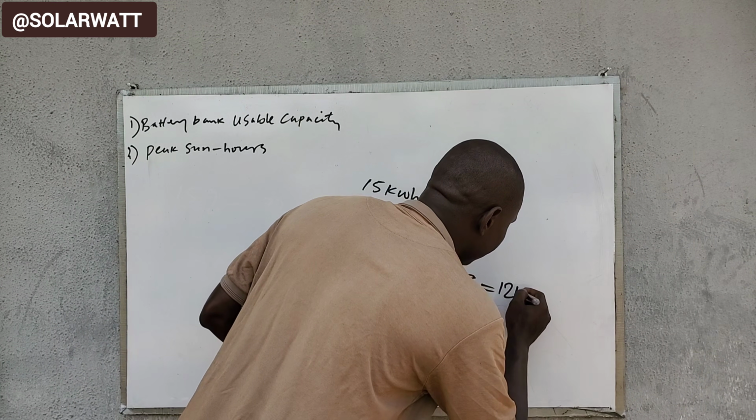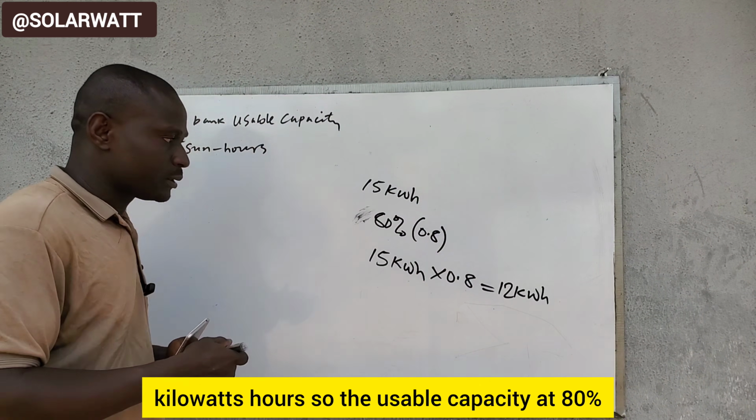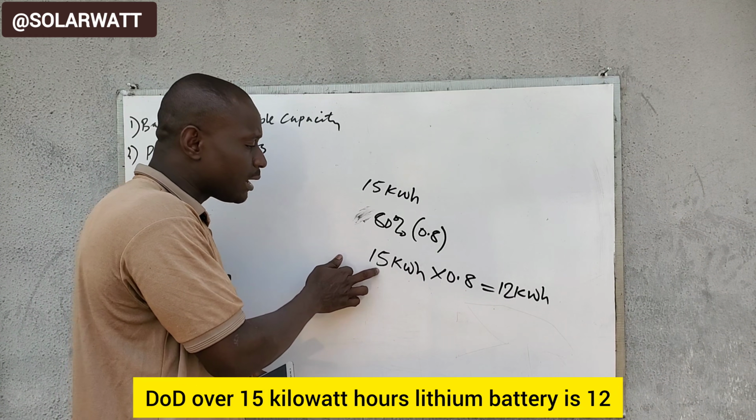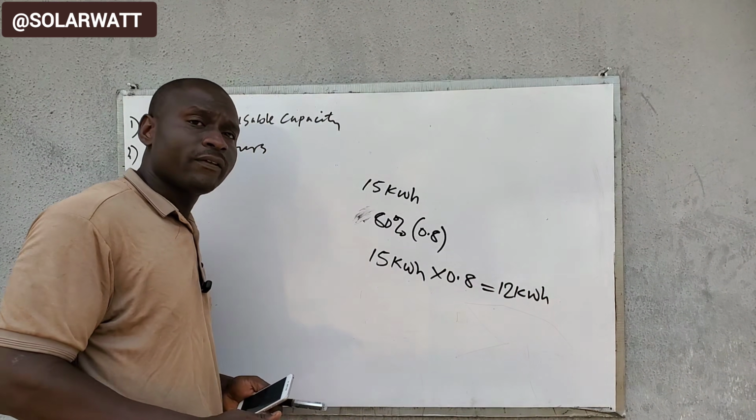This will give you 12 kilowatt hours. So the usable capacity at 80% DOD of a 15 kilowatt hours lithium battery is 12 kilowatt hours.